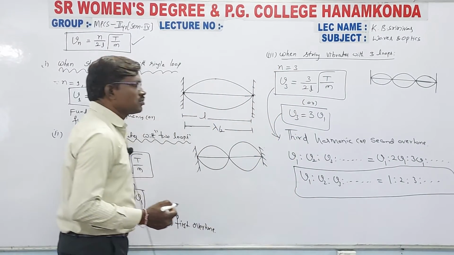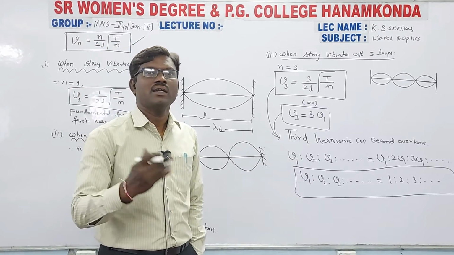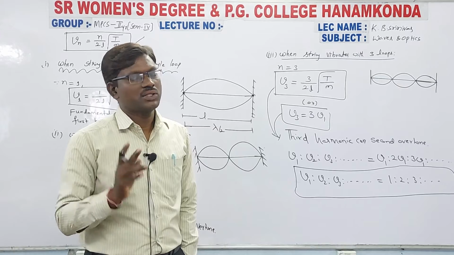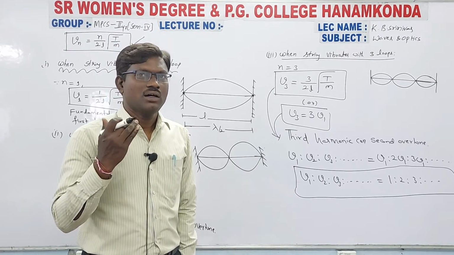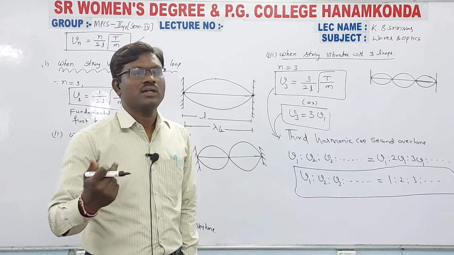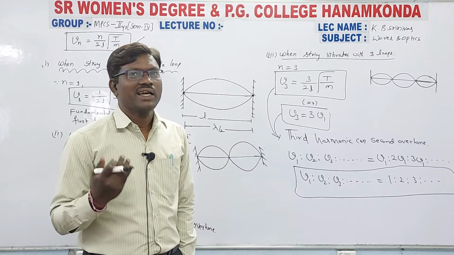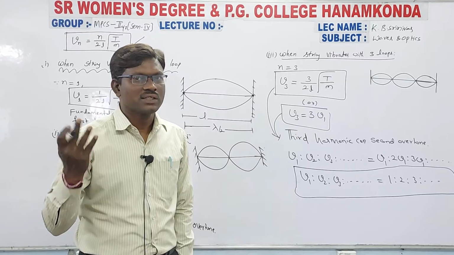Clear? So, very important long question. The previous lecture and this lecture together make a long question. In the examination, they will ask like this: derive expressions for modes of vibrations in a string and explain the different frequencies in the string.